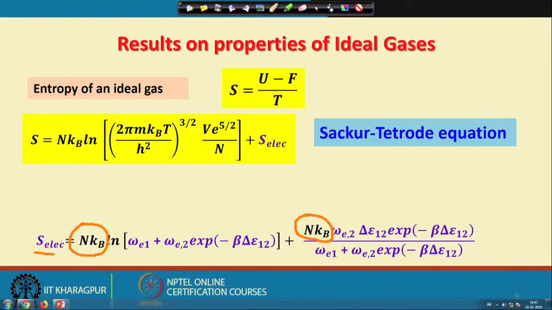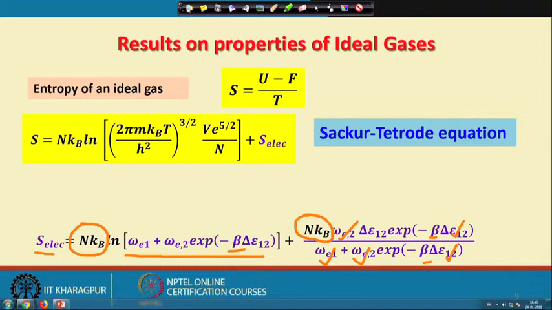Then I have two terms, both of which depend on parameters associated with the electronic structure of the atom present in the system, and of course its temperature dependence comes through the appearance of beta.